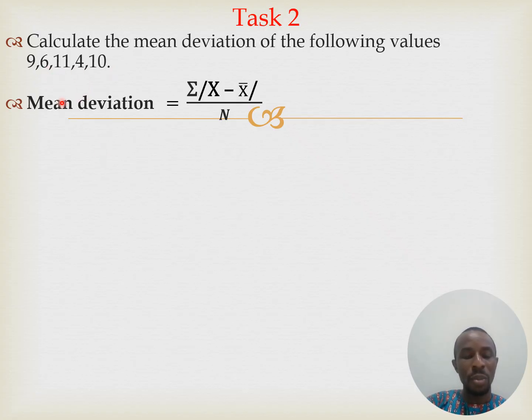After doing that, you now pick the numbers one after the other. 9 minus x bar, 6 minus x bar, in that order, add the differences together and divide by 5. That's how you get your answer. I will give you 2 minutes to quickly finish this. Type the solution, the workings, in the comment section.